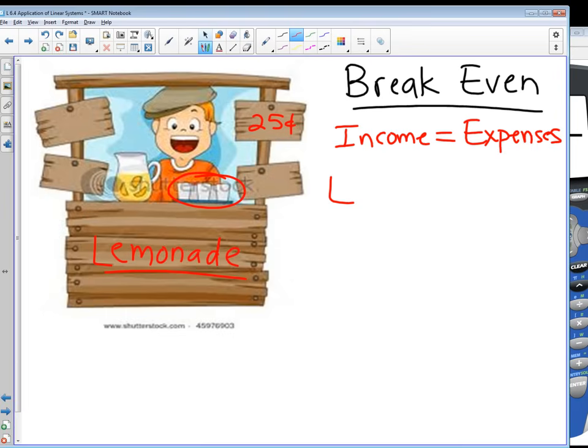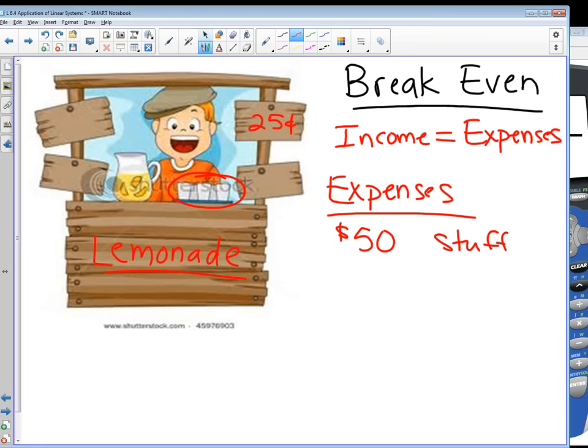So your expenses, the amount of money that you pay out, might involve some cash up front. So let's just say $50 to buy stuff. Stuff to make the lemonade stand, stuff to paint signs, and cups to put your lemonade in. And then you might sell the lemonade, but it's going to cost you money to make the lemonade. So maybe it's 10 cents per cup to make lemonade.